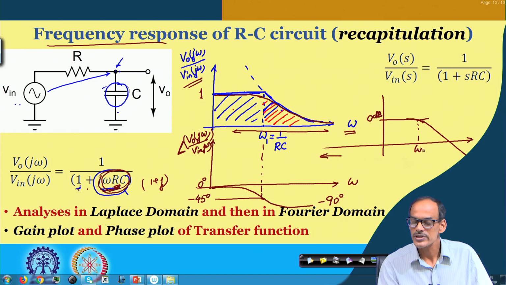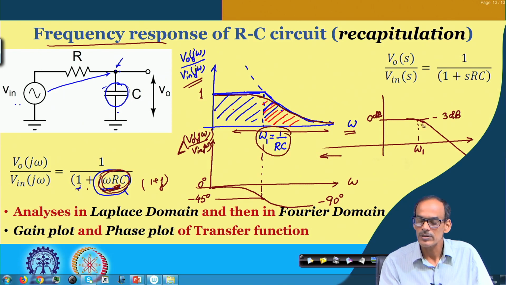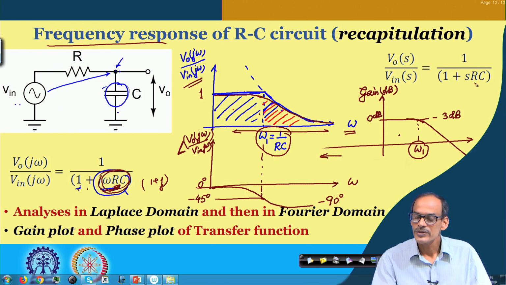Exactly at the corner frequency, at omega equal to omega 1, we will have minus 3 dB. So, this is gain or magnitude in dB.